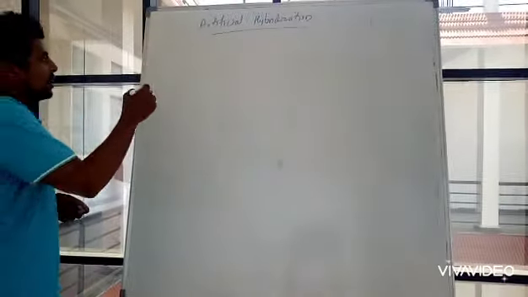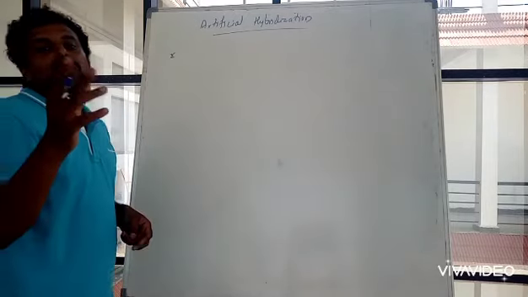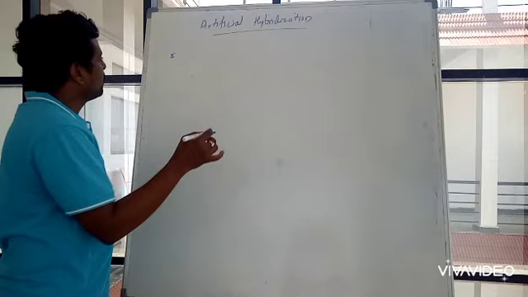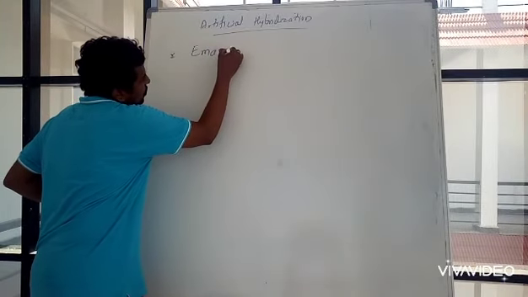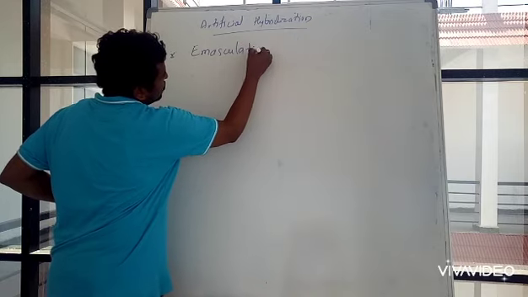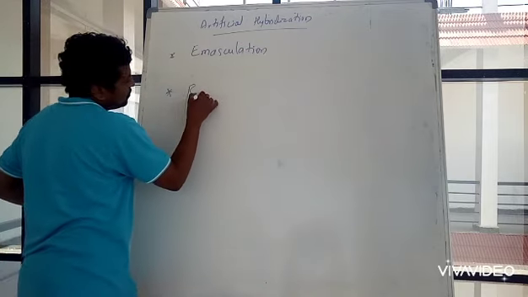Artificial hybridization can be carried out with the help of two kinds of techniques. One important technique is emasculation, and the other is bagging.